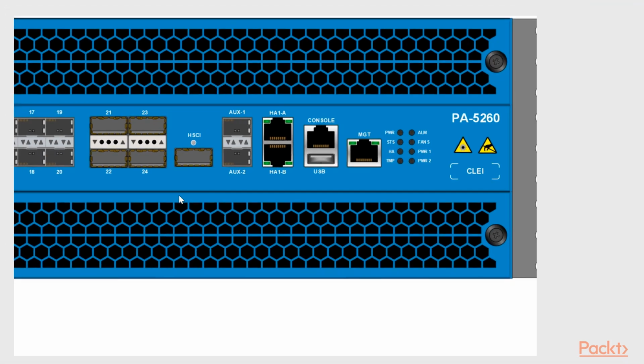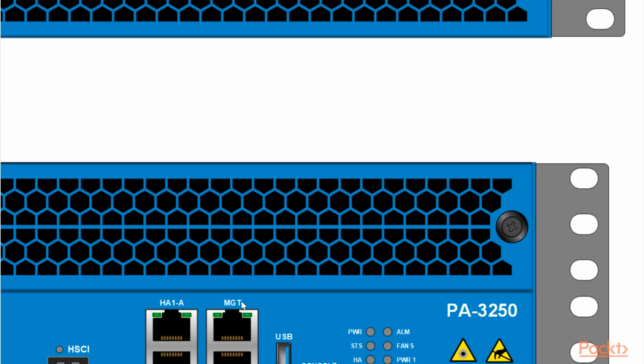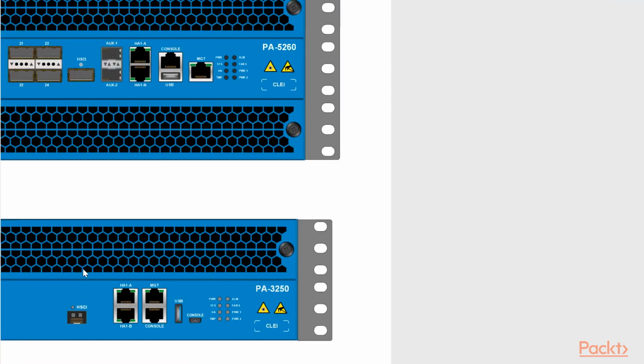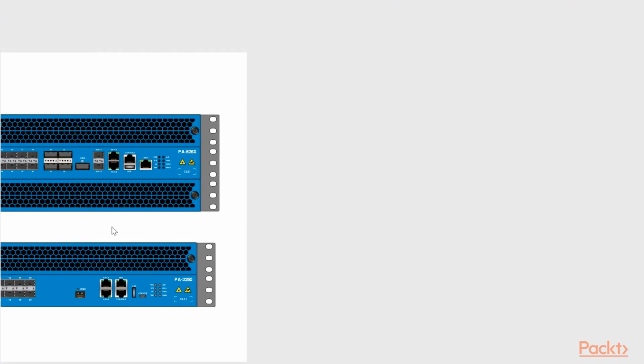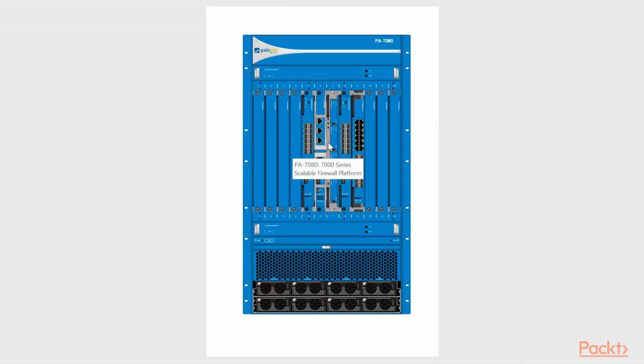If we take a look at the 3250, you're going to see it right here. So every single Palo Alto will come with a dedicated management interface. If we take a look at the chassis version of the Palo Alto, in this case we have a 7080, but most other chassis will basically have the management interface located in the same location, which in this case is going to be the supervisor blade.